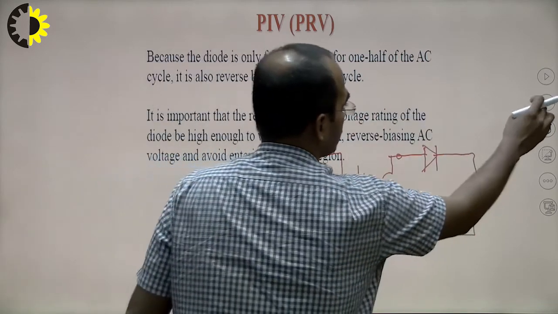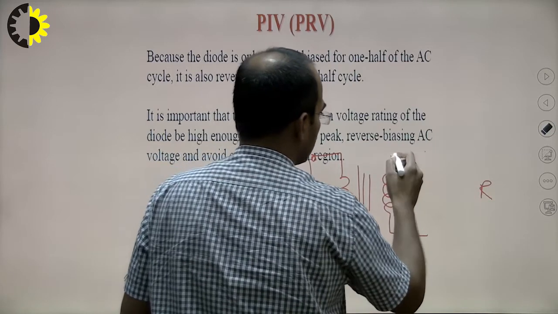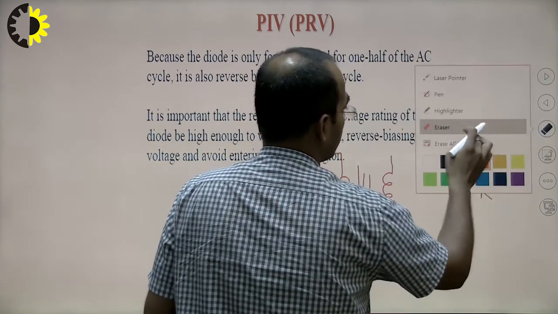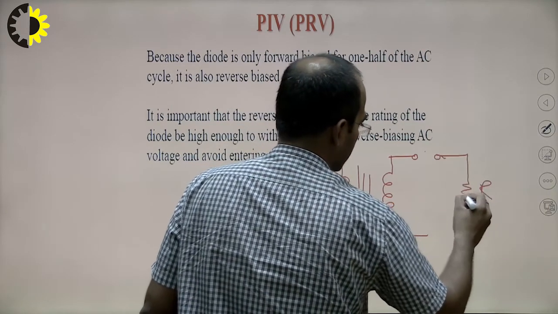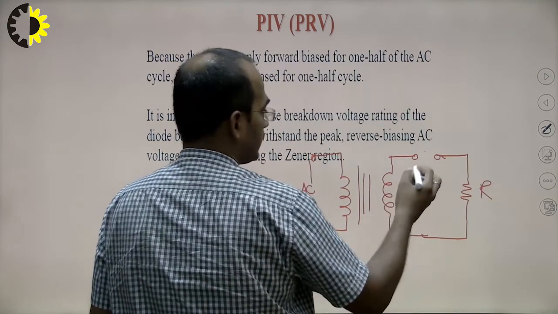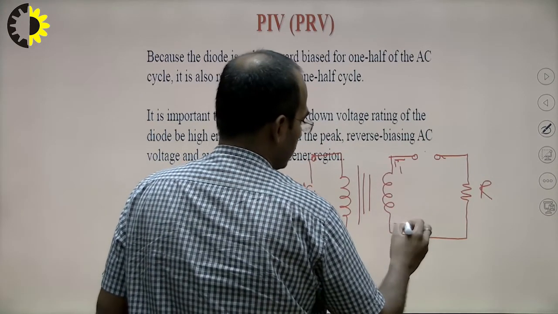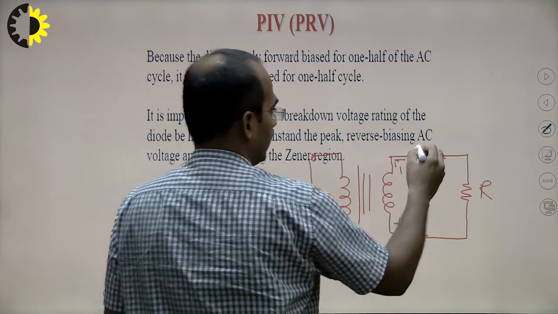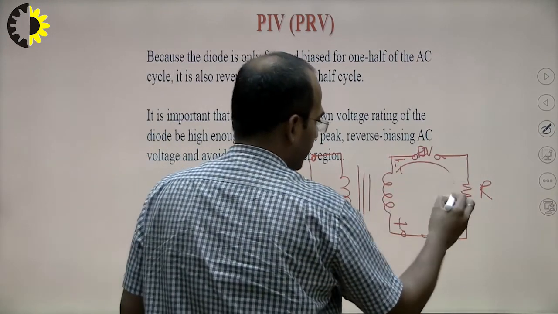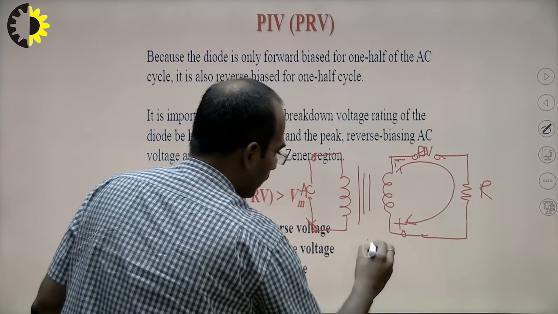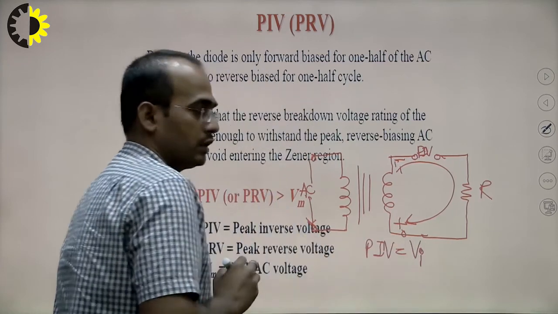When the diode is in non-conducting state, it means it will be reverse biased, so I will remove this, or it will behave as an open circuit. So, in this case, with the negative and positive voltage there, you have to find the peak inverse voltage across these two terminals. When you apply KVL across these two terminals, you will get peak inverse voltage is nothing but the input voltage.